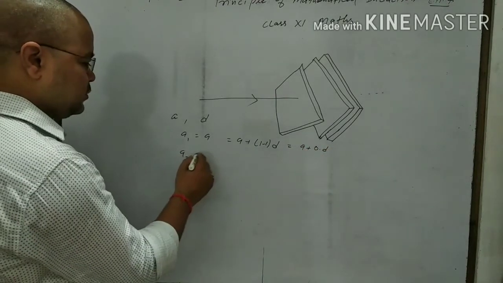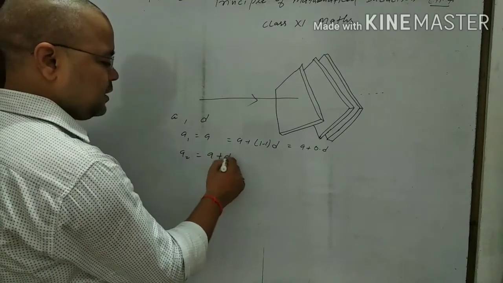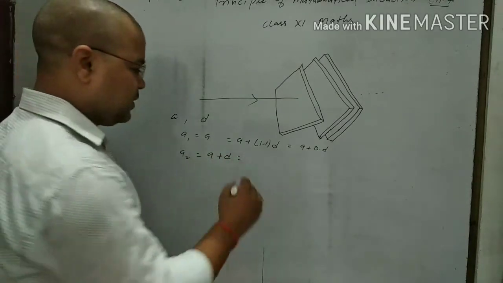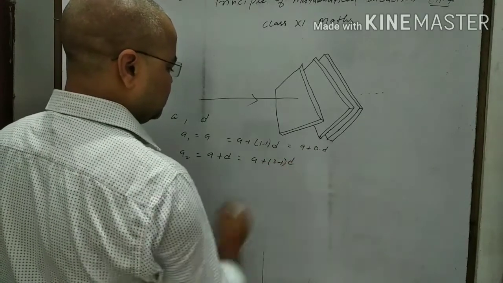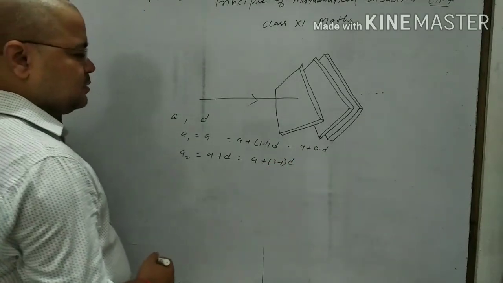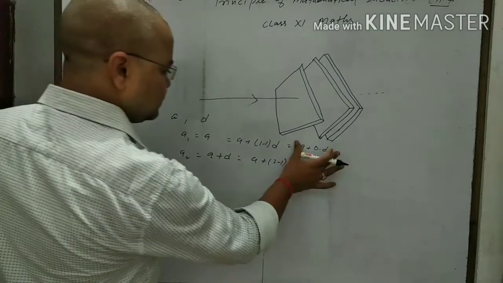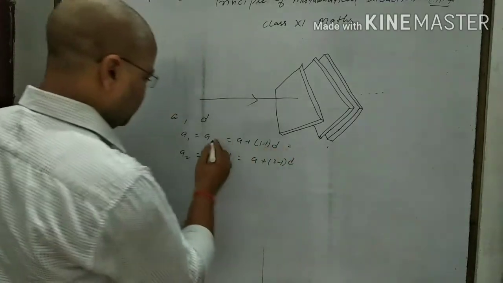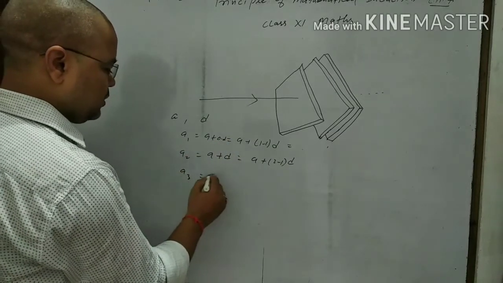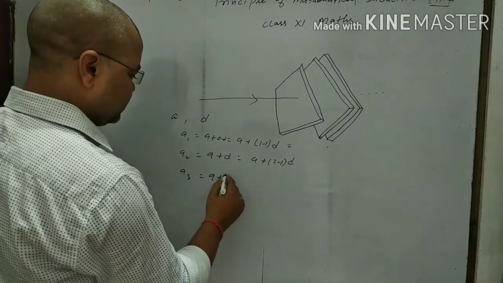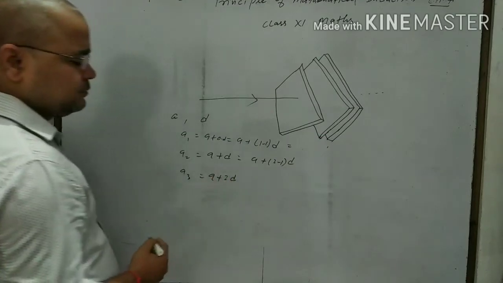Similarly, A2 is equal to A plus D, and this can be written as A plus 2 minus 1 into D. Similarly, A3 is A plus 2D.